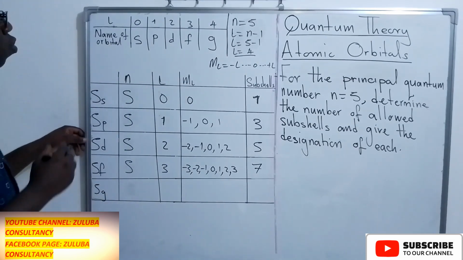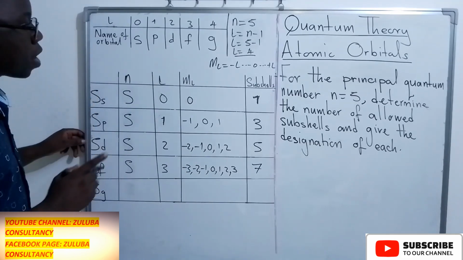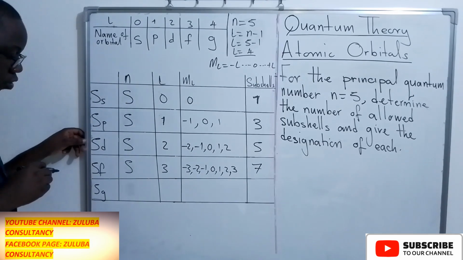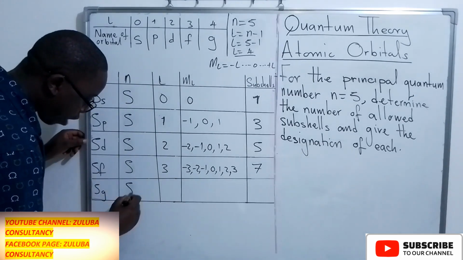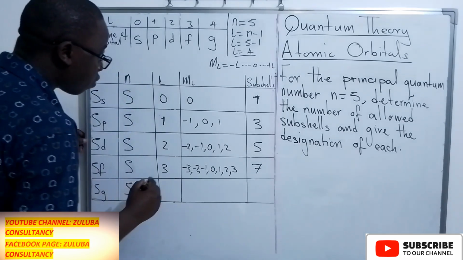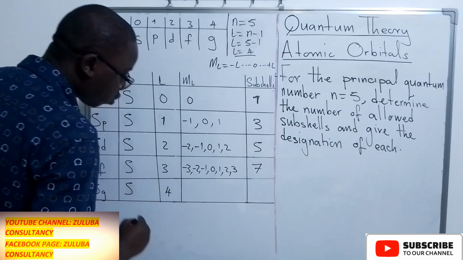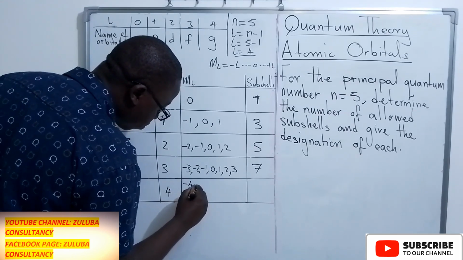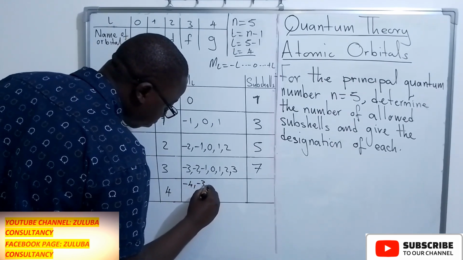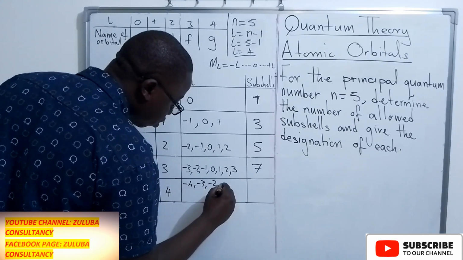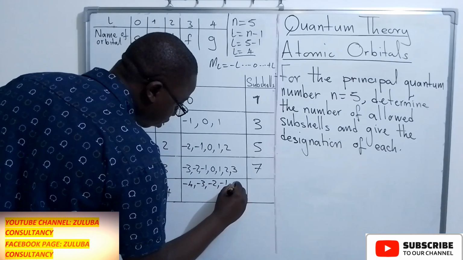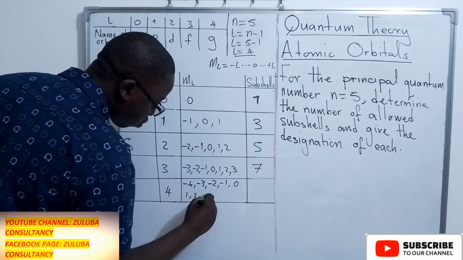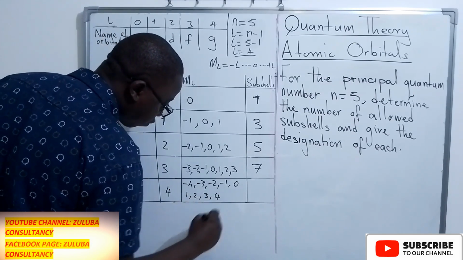Let's go to the last one, 5g. Remember we said when L is 4, the maximum name of the orbital we can have is the g orbital. So here the level is 5, the value of L is 4. So the value for ML will start from -4, -3, -2, -1, 0, 1, 2, 3, and 4.